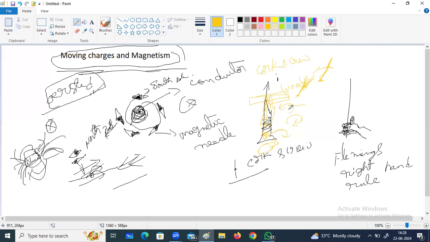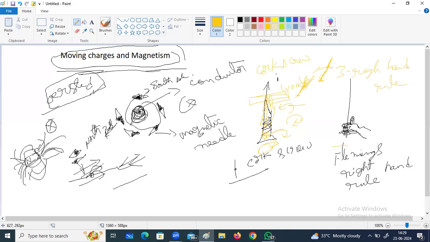The second one is Fleming's right hand rule. Imagine the current carrying conductor is held in the right hand.